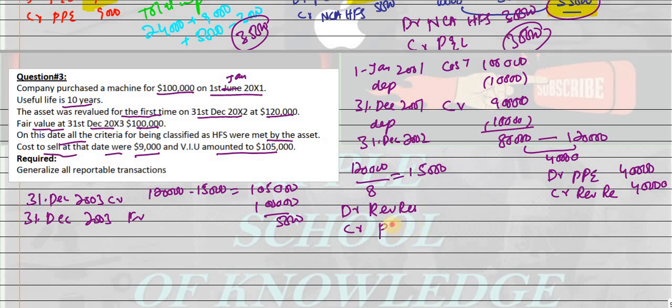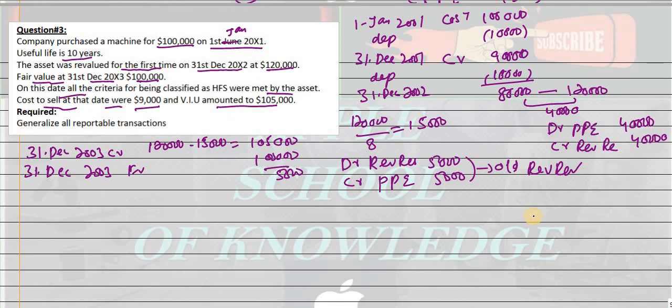Clear? By how much? 5,000. Okay, this is the cancellation of the old revaluation reserve. Let's move on.